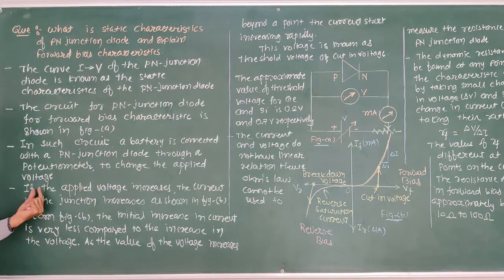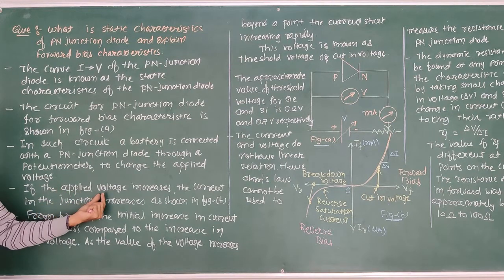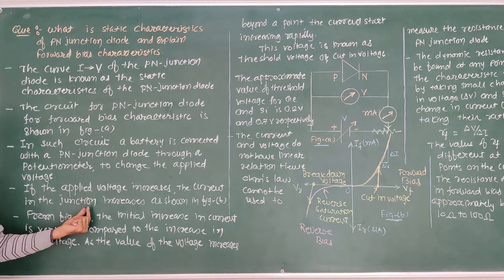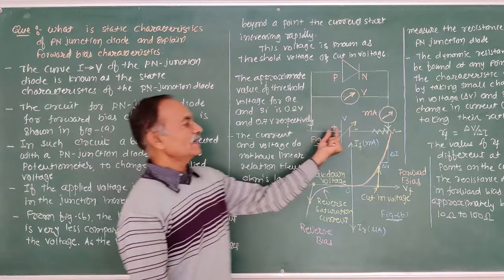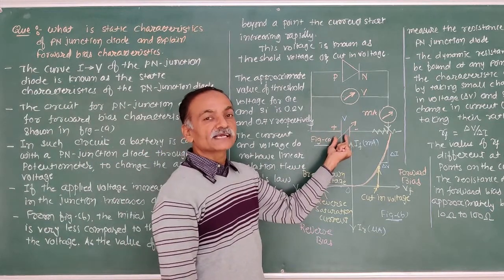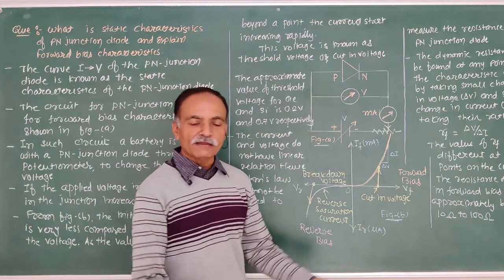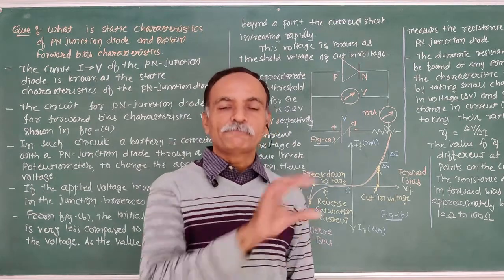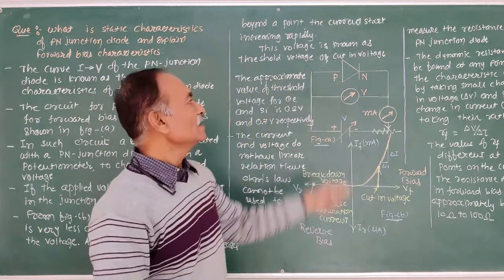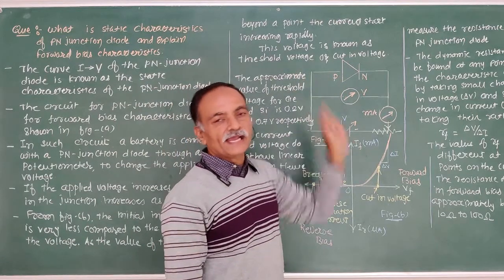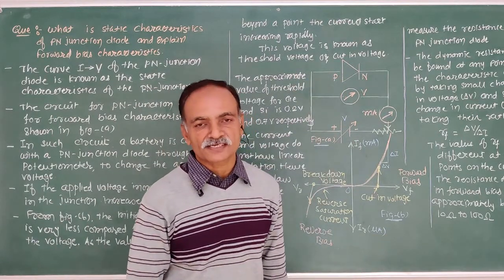Now, if the applied voltage increases, the current in the junction increases as shown in the figure. In forward bias, we already discussed, as the applied voltage increases, what happens? More and more electrons diffused from N to P increase due to the positive potential applied at the P side of a PN junction.